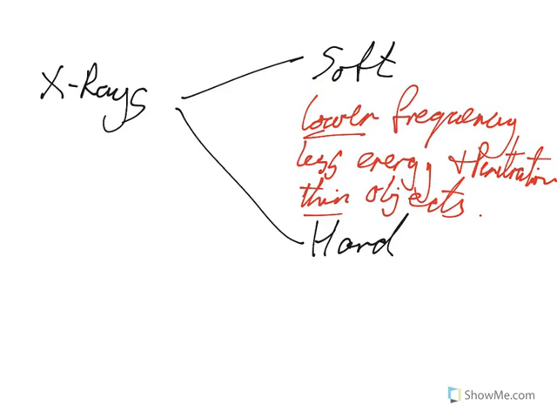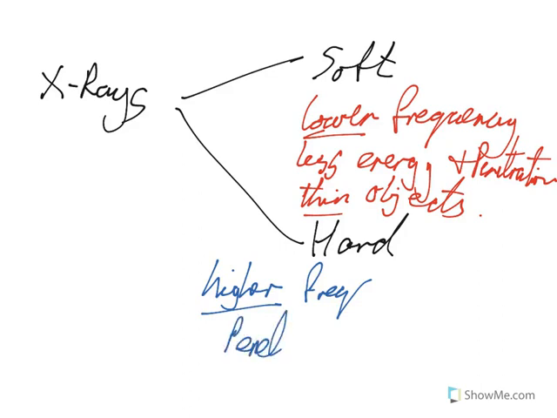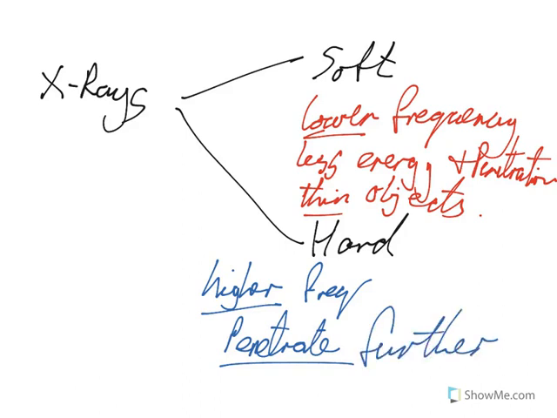So for hard X-rays, they have higher frequency, higher energy, and they penetrate further. So depending on what it is we're going to X-ray, we would use soft or hard ones. So if we want to X-ray through the body, for example, we would need to use hard ones.